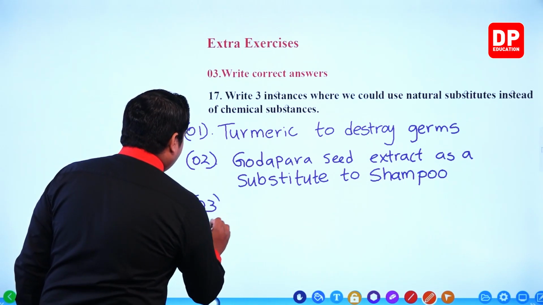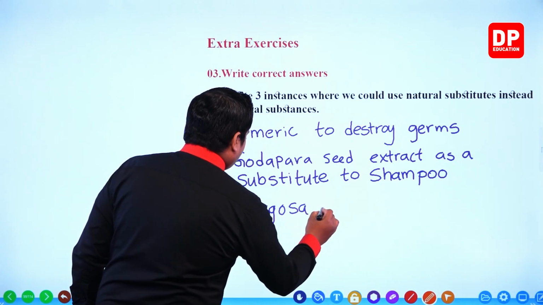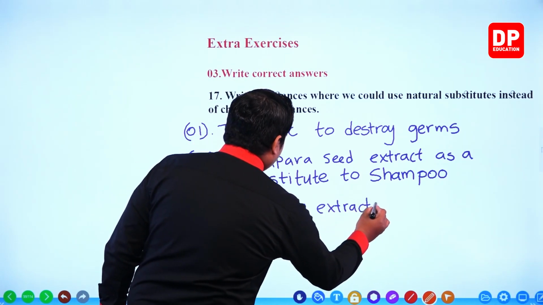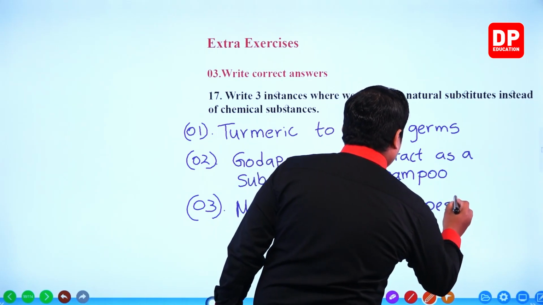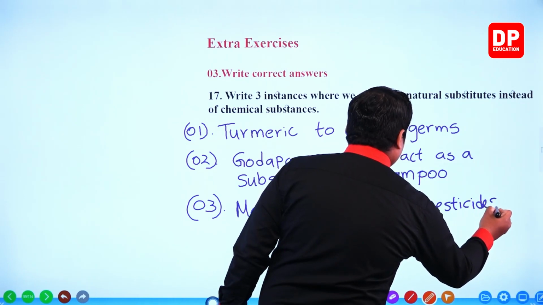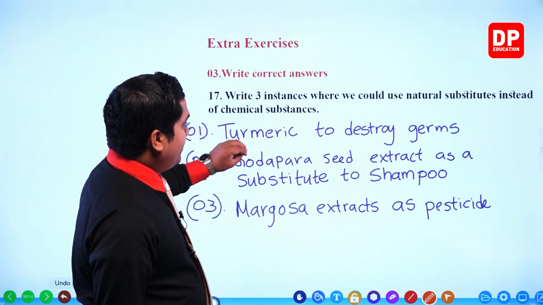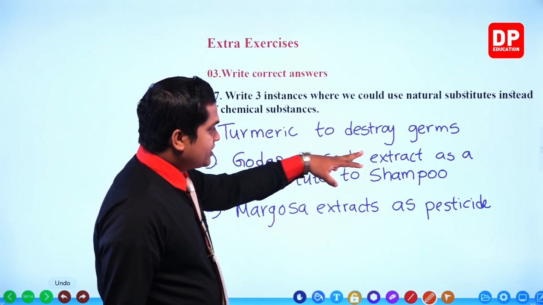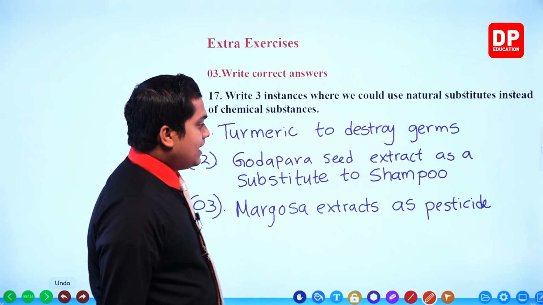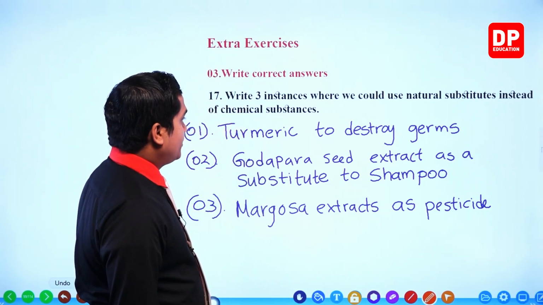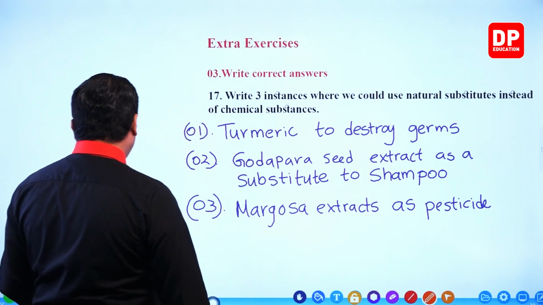Number 3, margosa extract as pesticide. Right. So turmeric to destroy germs. Godapara seed extract as a substitute to shampoo. Margosa extracts as pesticide. So these are examples, my dear children, where we can use natural substitutes instead of chemical substances, right? Then the question number 18.